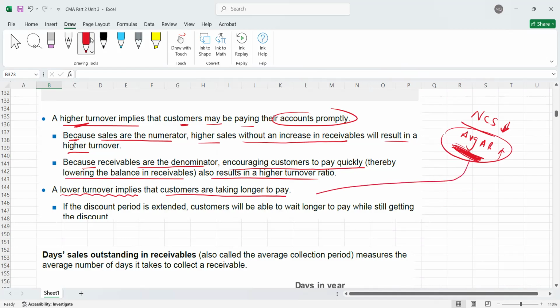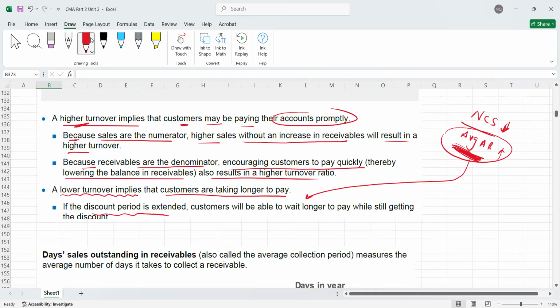Now this point is explained here. They're saying if discount period is extended, sometimes we give cash discount, early settlement discount to the customers. If they pay cash within 10 days, they will get 2% discount. If you extend this discount period from 10 days, let's assume to 30 days.